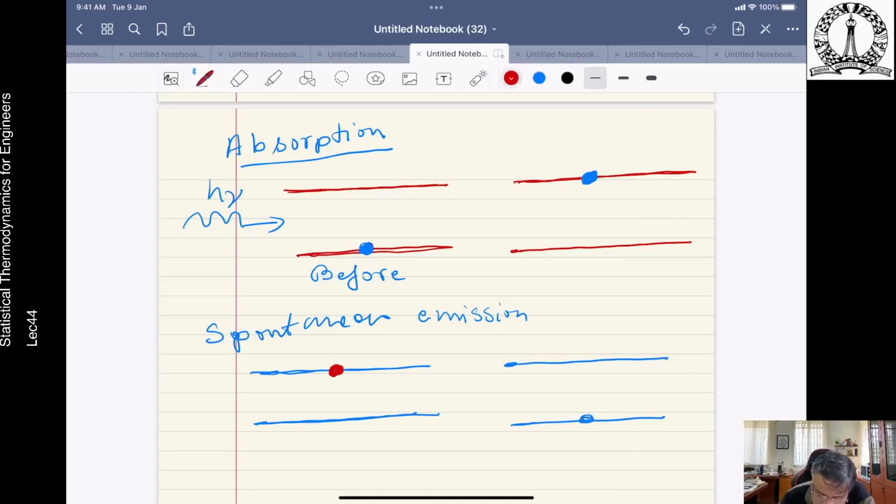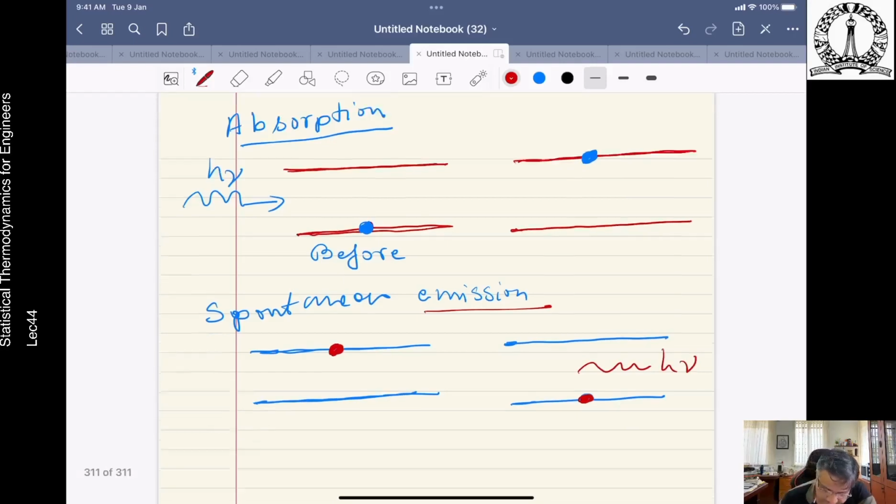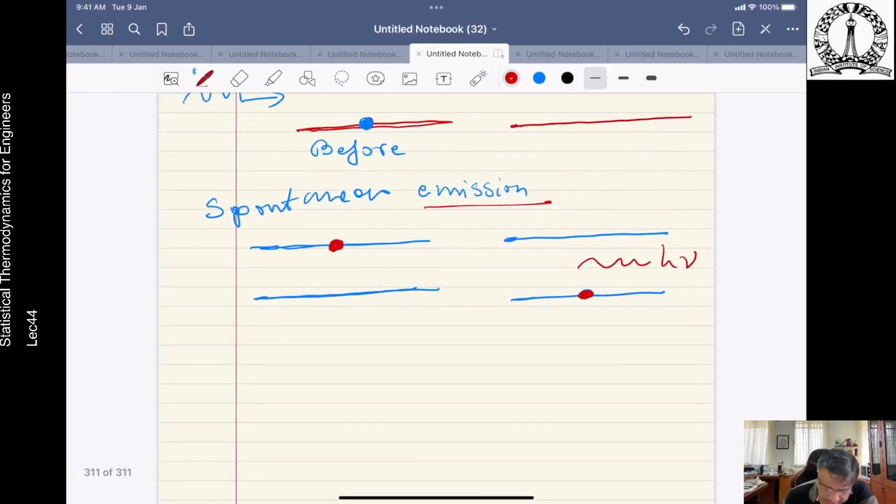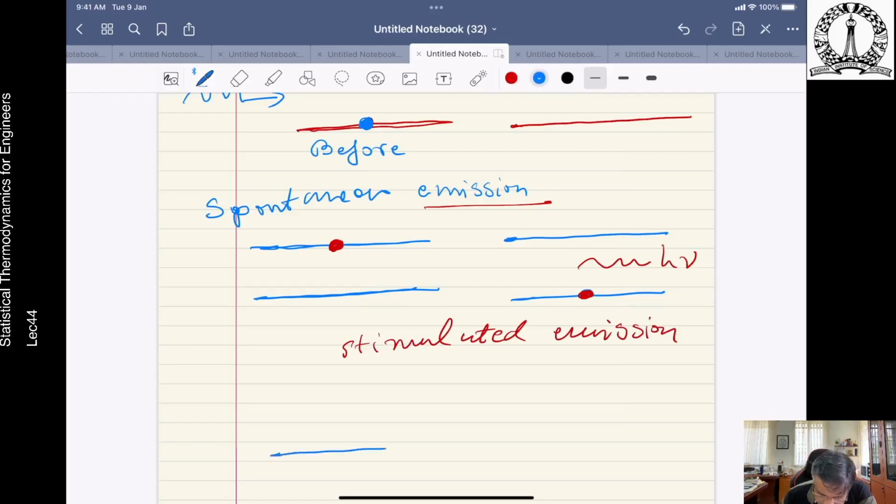There was a particle in the excited state, and now it is coming back to the ground state, and there is an emitted radiation. Now we come to something called stimulated emission. This is what stimulated emission looks like.